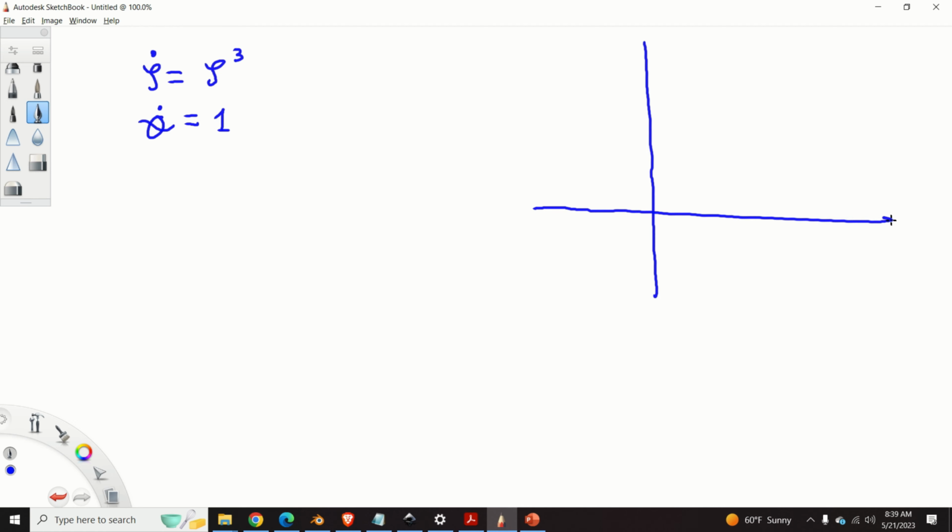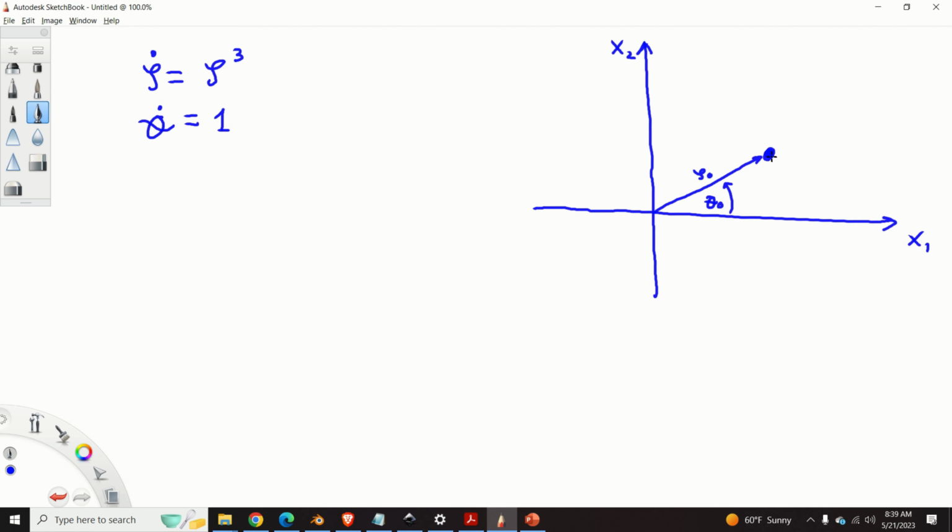Let us sketch the state space trajectories of this system. This is x1, this is x2. Let us assume that we start our journey from some initial condition, and let this be rho 0 and let this be theta 0.